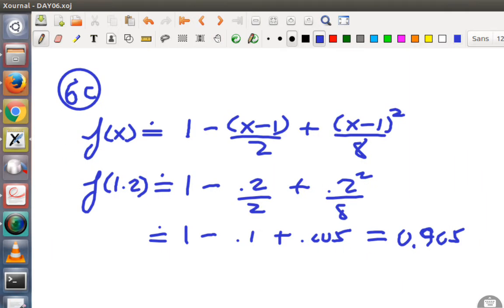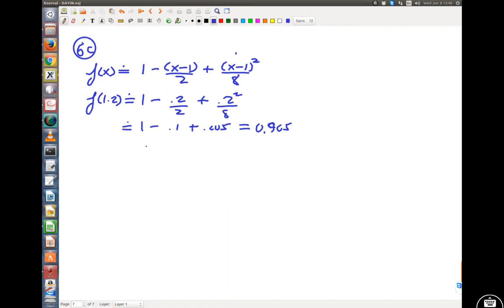Okay, so 6D. There you go. All right, so the absolute value of the error is going to be less than the absolute value of that third term, the first term we left out, negative 1/4 times (x minus 1) to the third.